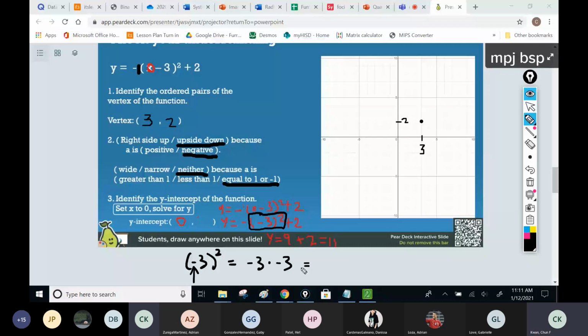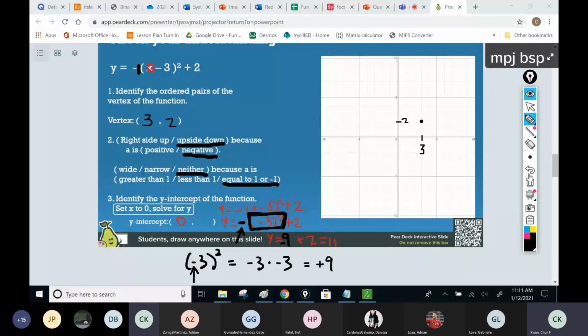The two negatives become a positive, and then 3 times 3 is 9. So just this part is positive 9, but then the negative sign right here will bring it back to negative.